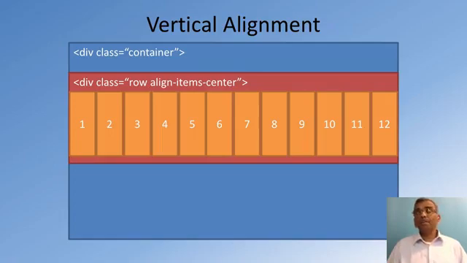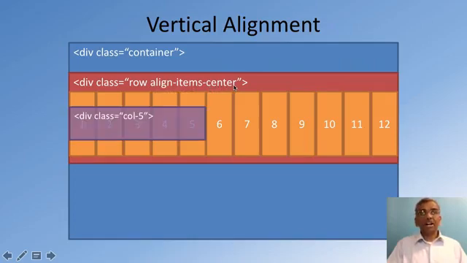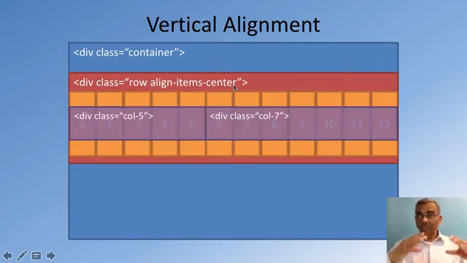So if you want the content to be vertically centered, then to the row you would apply the class called align-items-center. In this case, whatever content is laid out will be vertically aligned within that particular row. The content which occupies the largest height will be the one to which the remaining ones will be aligned when it is laid out in that row.